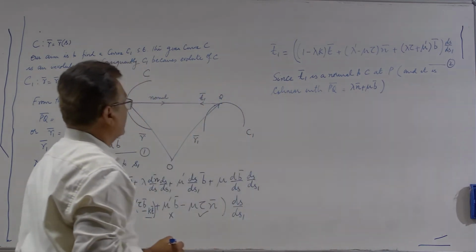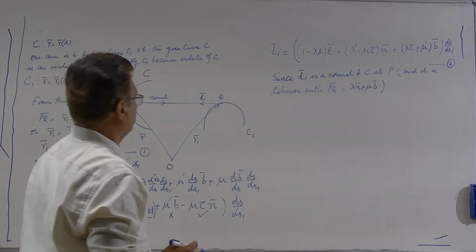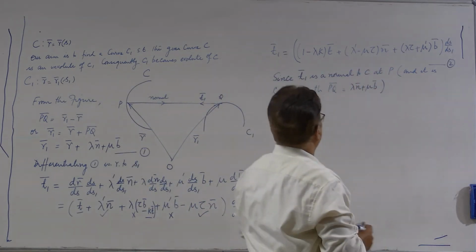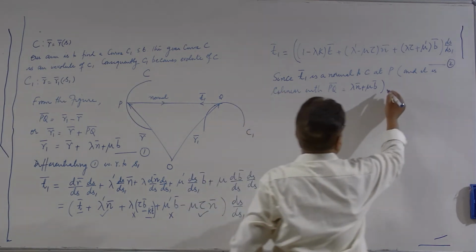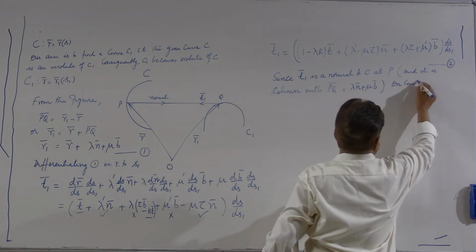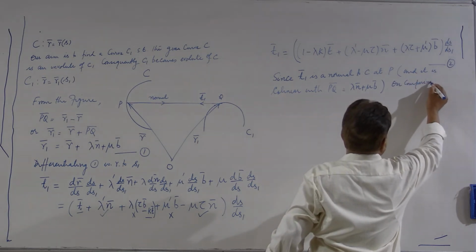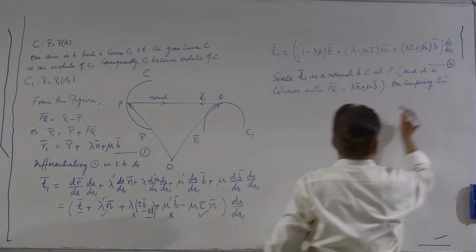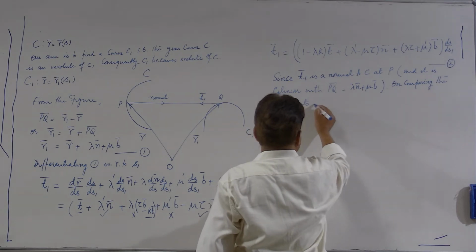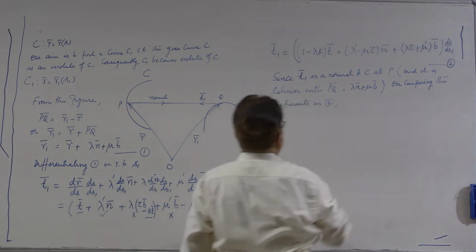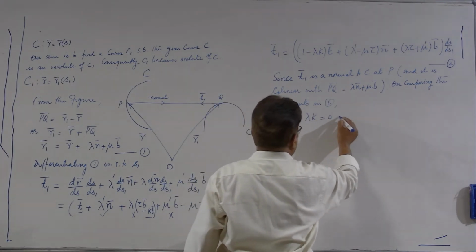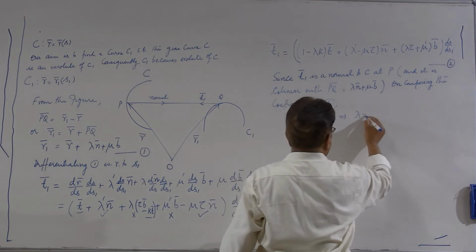Okay. The coefficient of t must be 0. If you compare the two vectors, these two vectors are equal. So, on comparing the coefficients in 2, you will have 1 minus lambda k equal to 0 and this will give you lambda equal to 1 upon k.